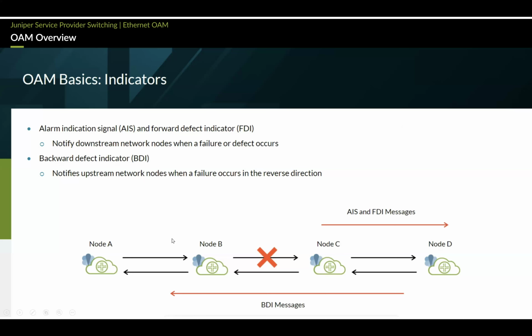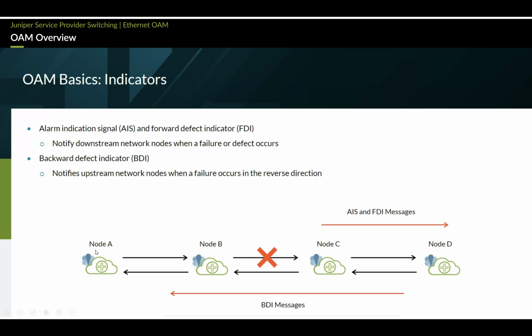So what is the meaning of AIS, FDI, and BDI? AIS is alarm indication signal. And FDI is forward defect indicator. This is to notify downstream network nodes when a failure or defect occurs. Backward defect indicator, that is called BDI message, notifies upstream network nodes when a failure occurs in the reverse direction.